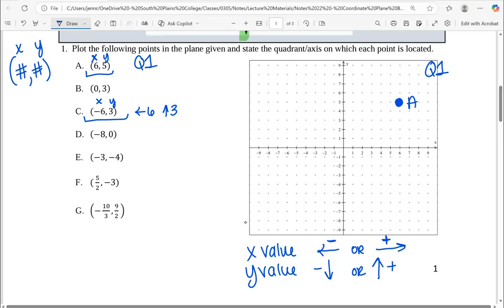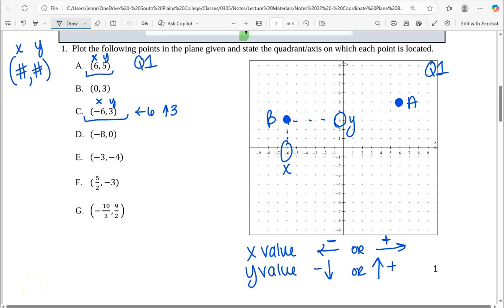So starting here in the middle, I'm going to go left 1, 2, 3, 4, 5, 6. There's my negative 6. And then I go up 1, 2, 3 to place my point. Notice that that point lines up with negative 6 along the x-axis and positive 3 along the y-axis, giving me the ordered pair negative 6, 3.